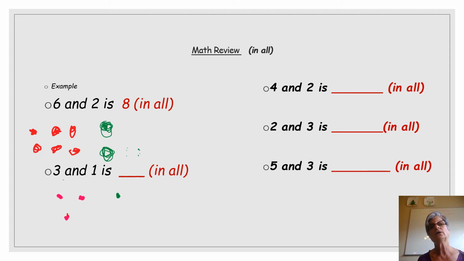Now you draw 2 more objects using a different crayon because it says 4 and 2. You may begin. Now count all the objects you have all together, even if they're different colors. Count them all.